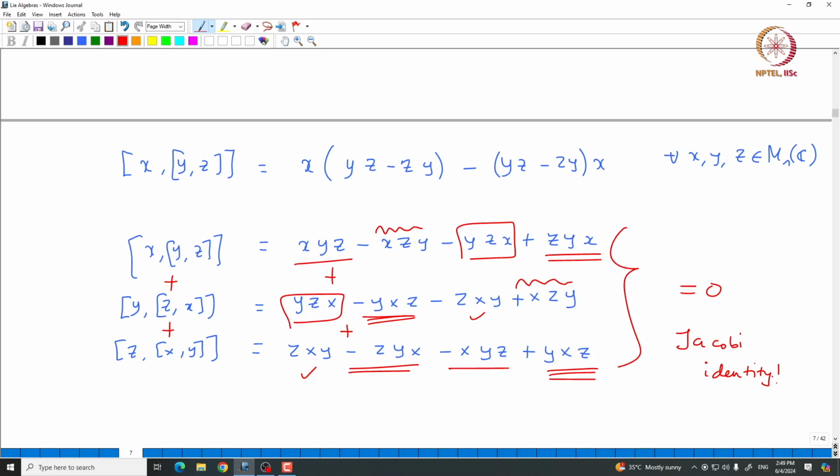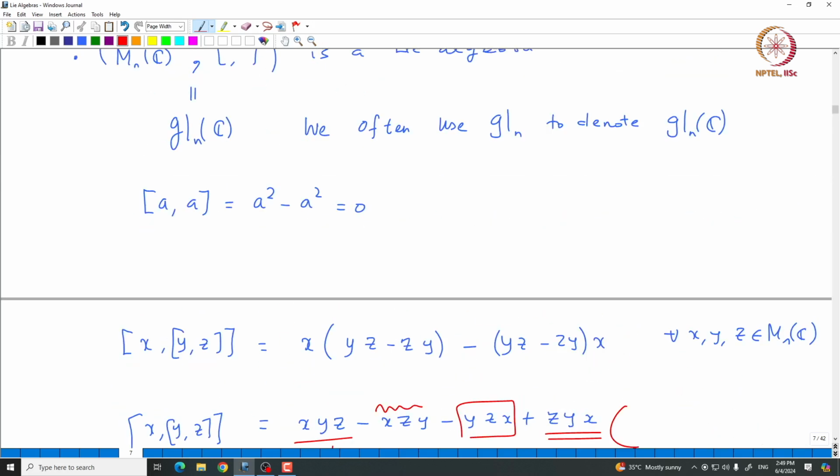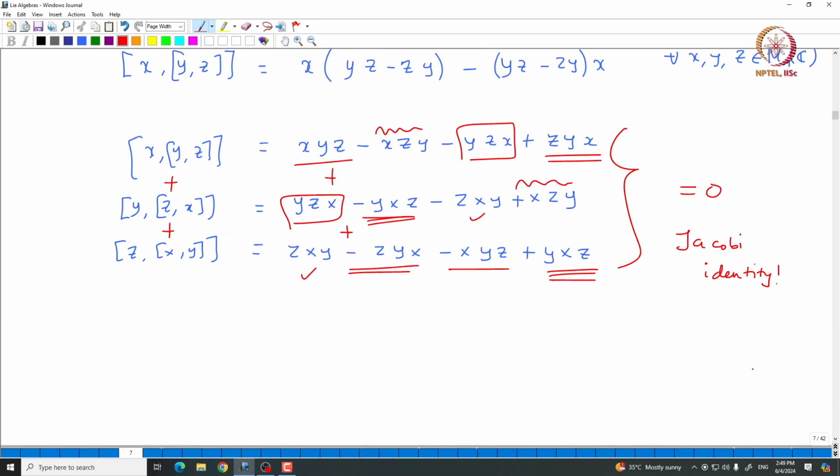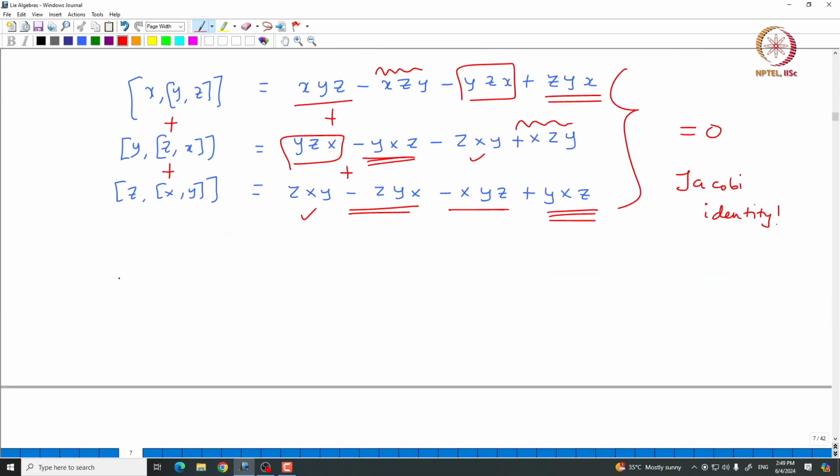So that means this M_n(C) with this Lie bracket is indeed a Lie algebra over the complex numbers. It is easy to see that the dimension of this Lie algebra is n square. So the dimension of this GL_n is n square, and we also have a very nice basis called the standard basis of M_n(C).